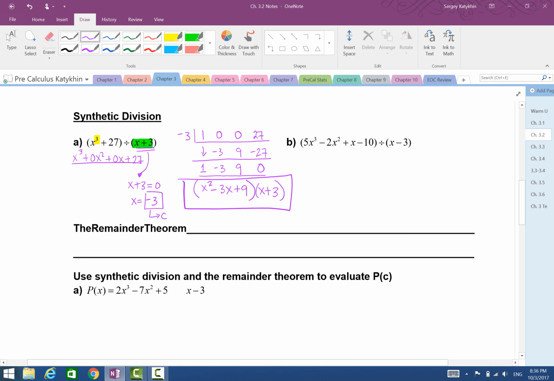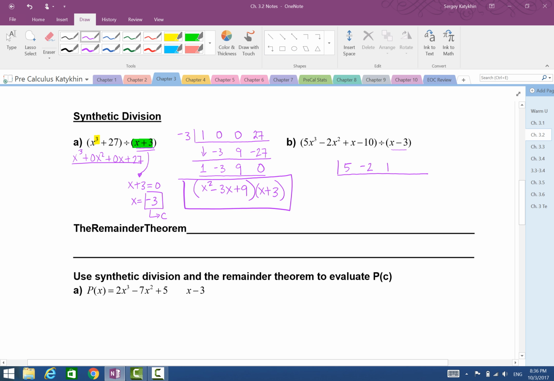So let's look at a similar problem here. Again, we start off with this hockey stick, if you want to look at it that way. Take your first coefficient, which is the highest exponent, which is a 5. Your second highest would be -2. Your third one will be +1.